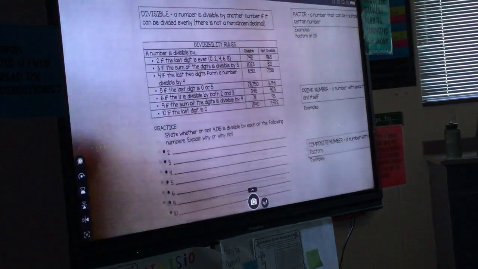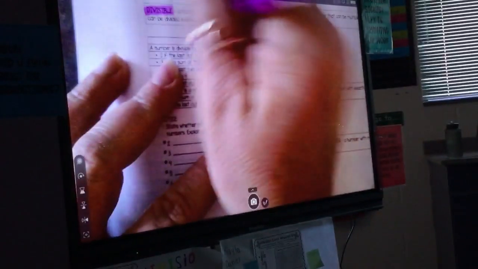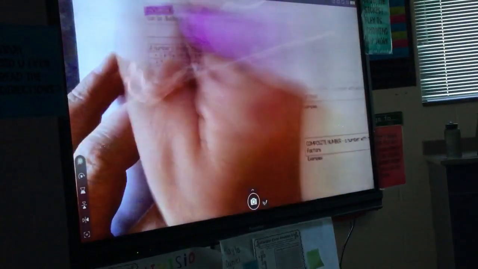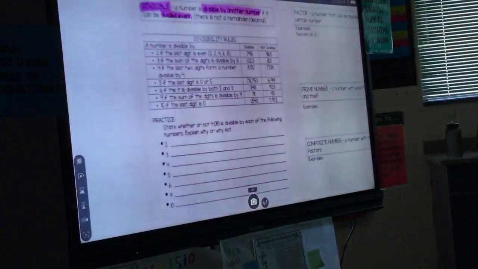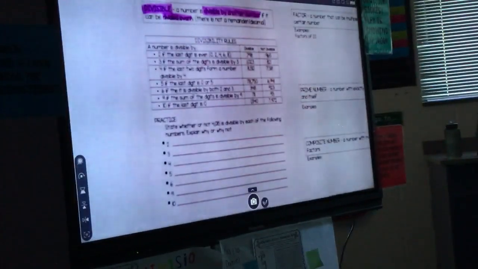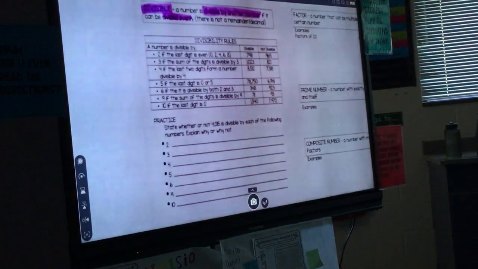All right, so divisibility. A number is divisible by another number if it can be divided evenly. Evenly means no remainders, no decimals, no fractions, nothing like that.